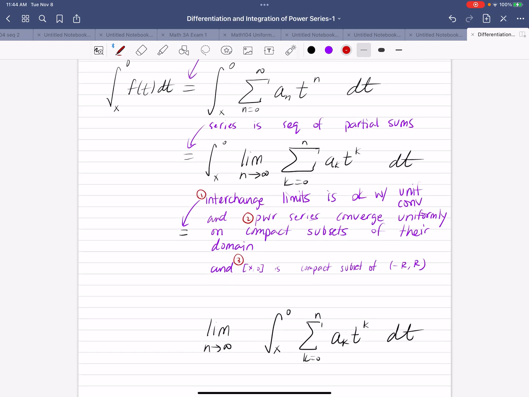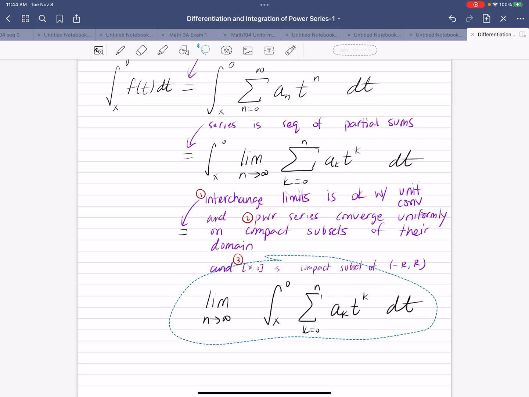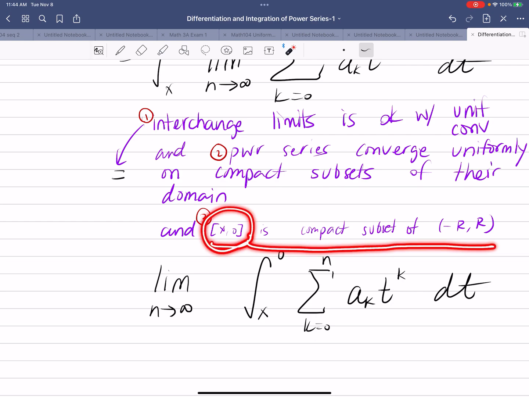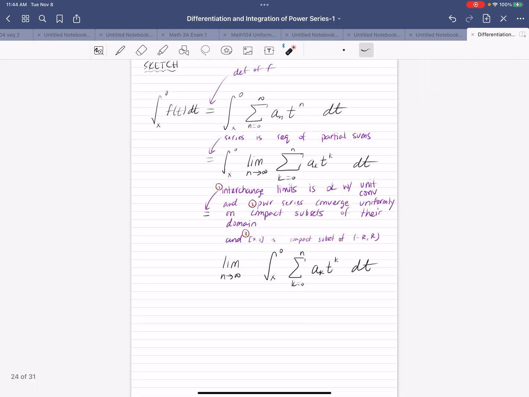Okay, so heavy hitting theorems that we've used. And we could even say, how do we know that this is a compact subset? Well, it's compact because it is closed and bounded. Remember? So we're pulling together all these things we've been learning this semester.